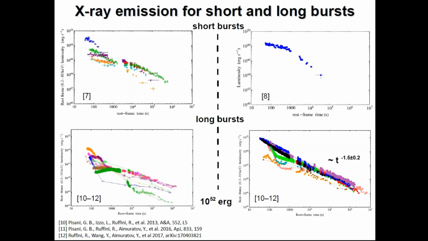But let's see what happens in that time after the first 100 seconds of the journey. After the 100 seconds, the GRB keeps working.